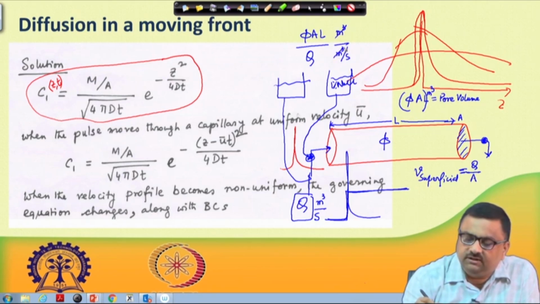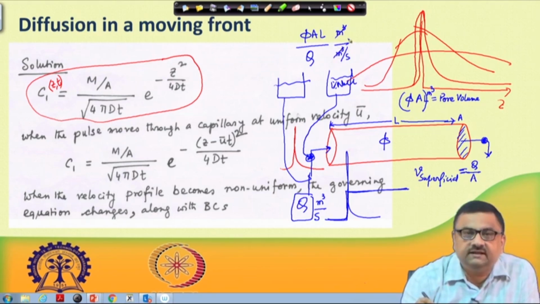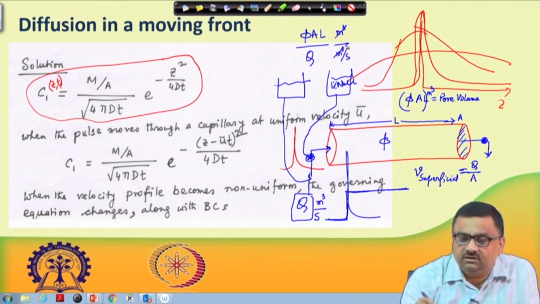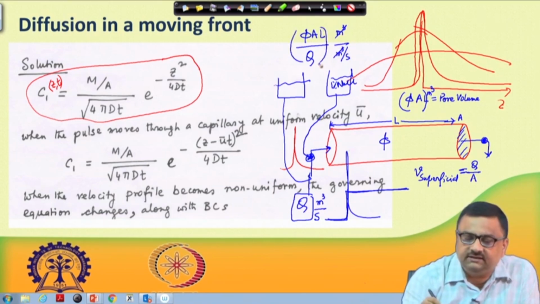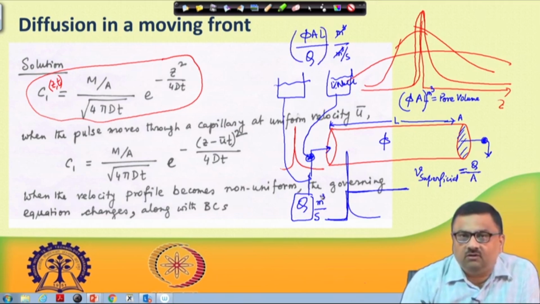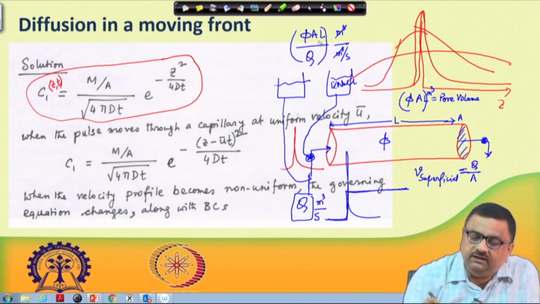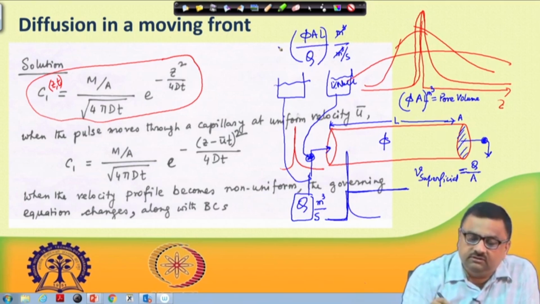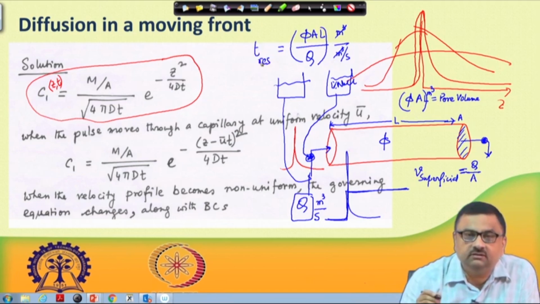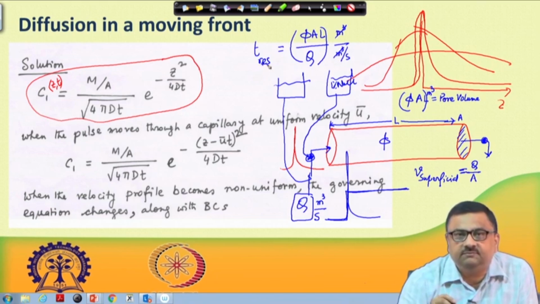So, meter cube and meter cube cancel out, and seconds go to the numerator. So, this many seconds would be required for the fluid to reach the outlet: phi into A into L divided by Q. This I can call the residence time. This is the residence time that one must provide.